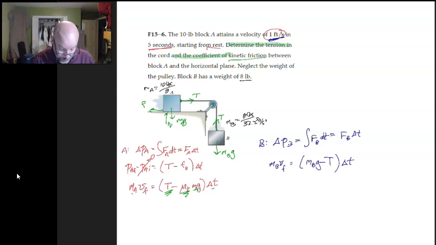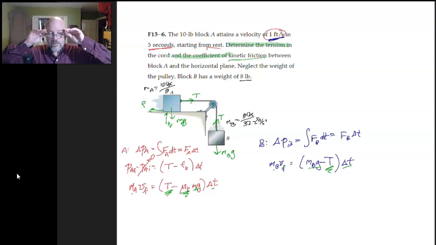So now what do I know? We know this, we know this, we know that term, we know that term. The only thing we don't know is our tension. Sweet, mission accomplished there. Now I have two equations and I've got two unknowns.